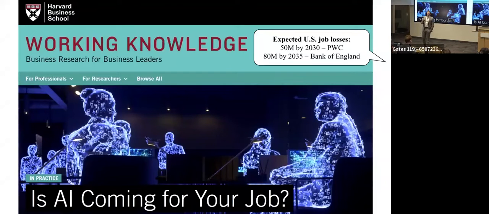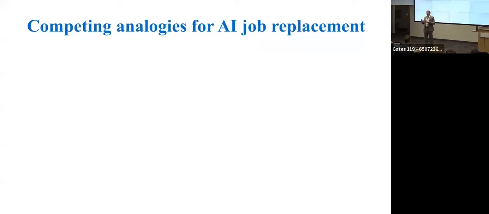Okay, so the question is, like, is that going to happen? And also, more broadly, how should we think of the job replacement that we're going to get from AI? And the reason I say it that way is because I think we have these competing analogies for what AI job replacement is going to look like, and they have vastly different implications in terms of public policy. So what do I mean by that?